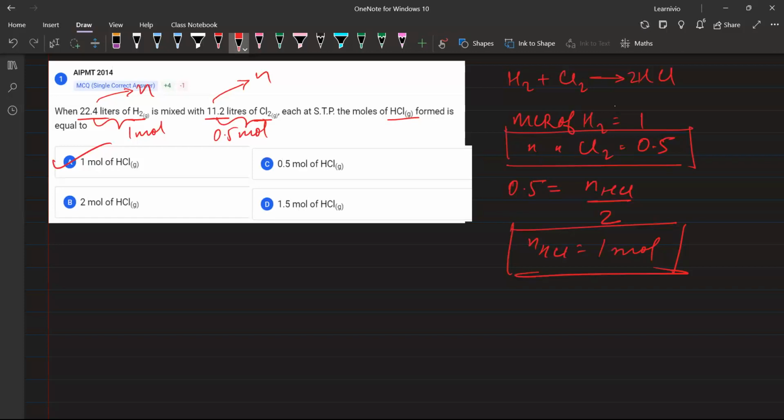Please focus. So you have copied this down.